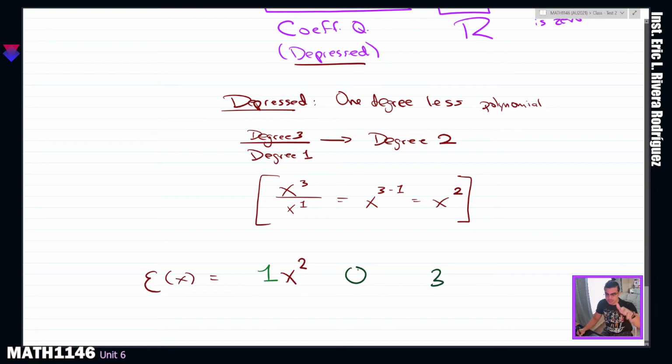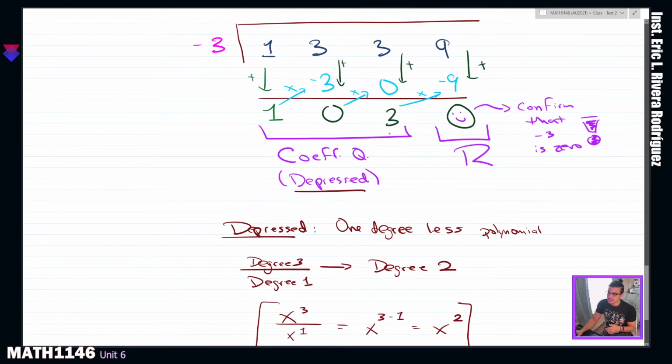The depressed equation is 1 times x squared plus 0 x plus 3, and 3 is going to be the constant term. You can see here the constant term is always the one next to or before the remainder, and the leading coefficient is the number that you get first in the synthetic division.